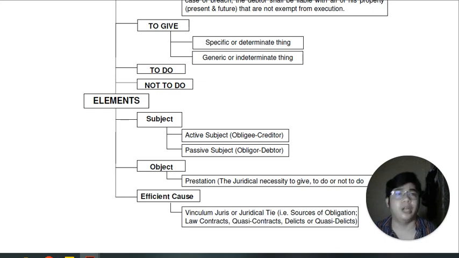Another example: if one of the parties to a contract is a minor, the contract there is not invalid. It is not void. It is merely voidable. Why is it voidable? Because the consent there, which is one of the elements of the contract, becomes only defective. There is consent, but it becomes defective because of the incapacity of the person.